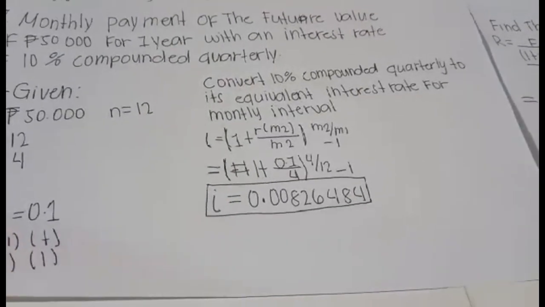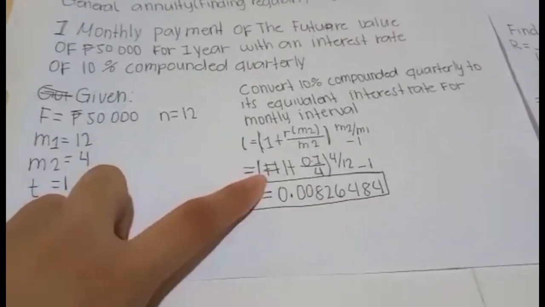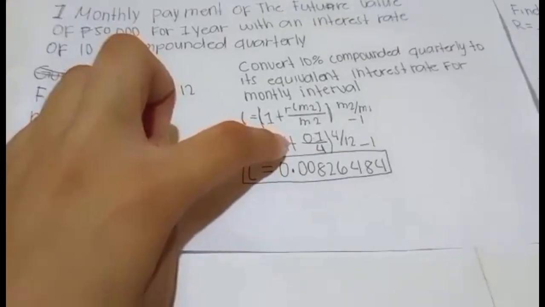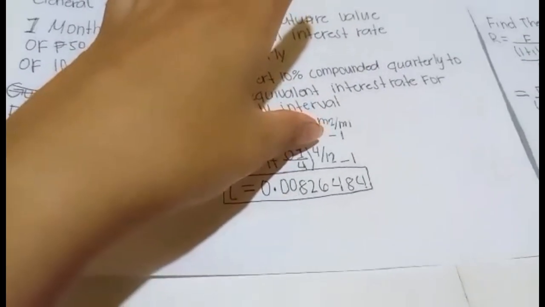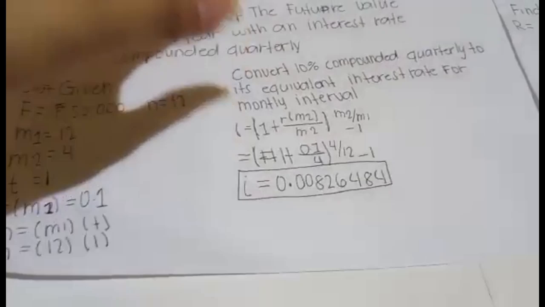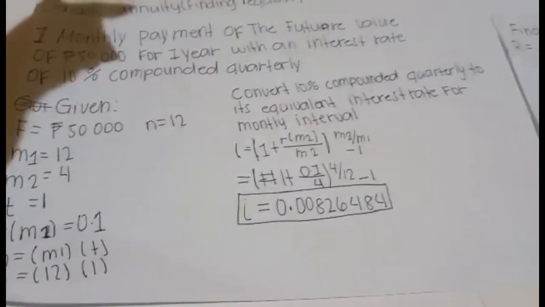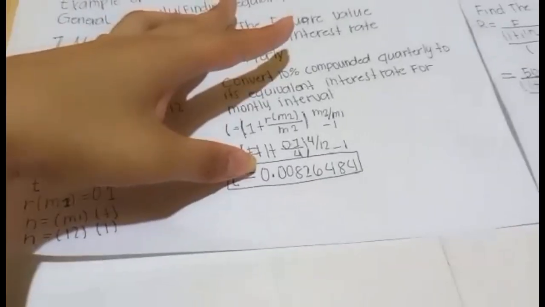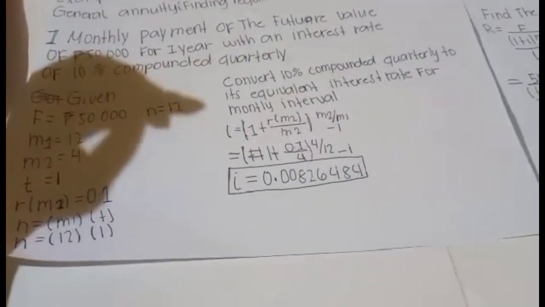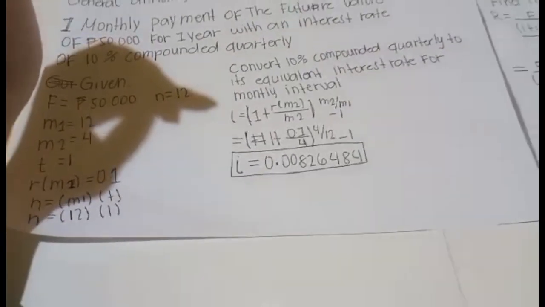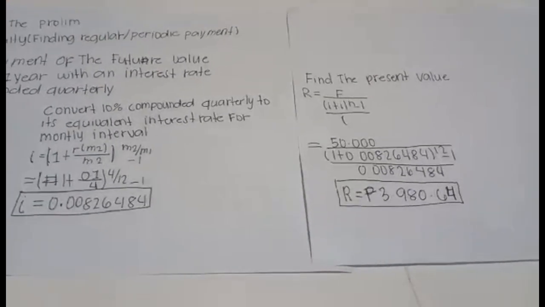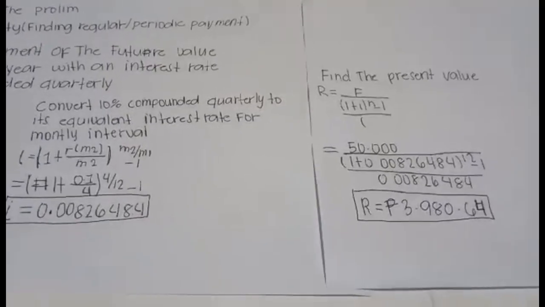Copy the M sub 1 and T. So I equals (1 plus 0.1 divided by 4) raised to the power 4 divided by 12, because M sub 2 and M sub 1, minus 1. Total of I equals 0.00826484.